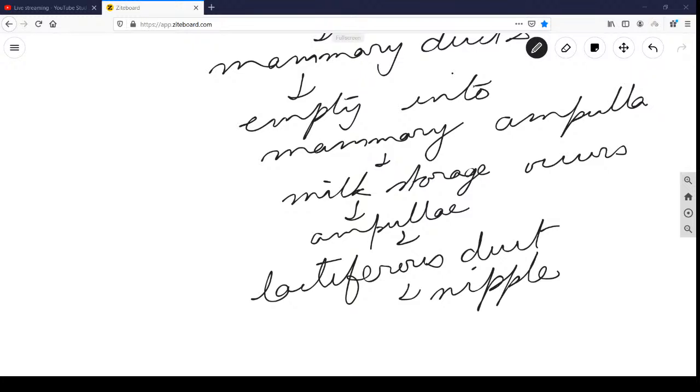The nipples are surrounded by a ring of pigmented skin, known as the areola, which also contains oil glands. It's a very long process, the development of mammary glands.